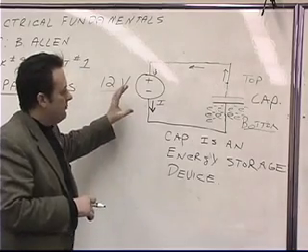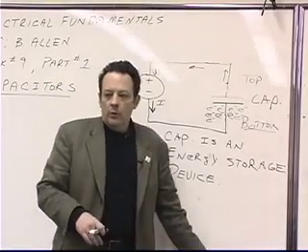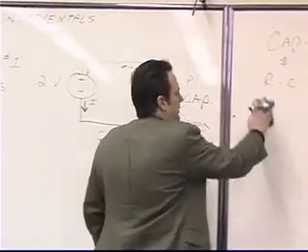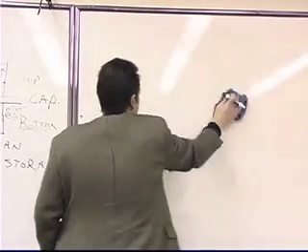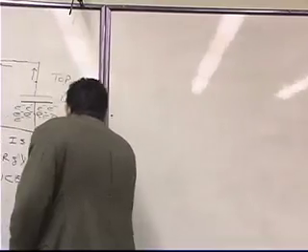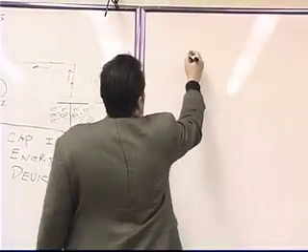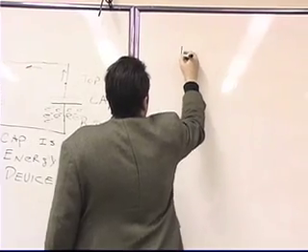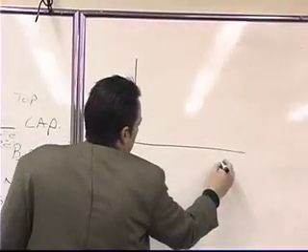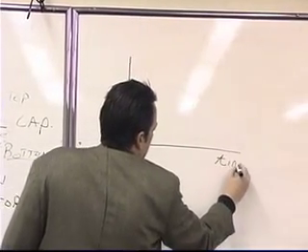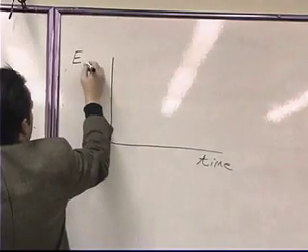Now, there is a graph that the book will throw out at you. And let me move over here and erase this. And this graph that the book throws out at you is a plot of time versus capacitor voltage.